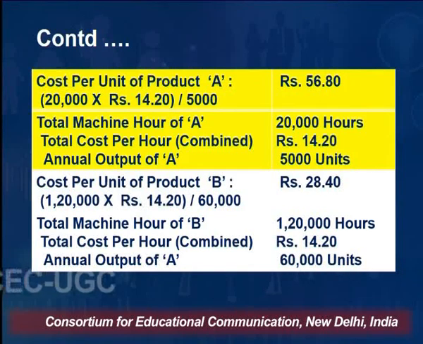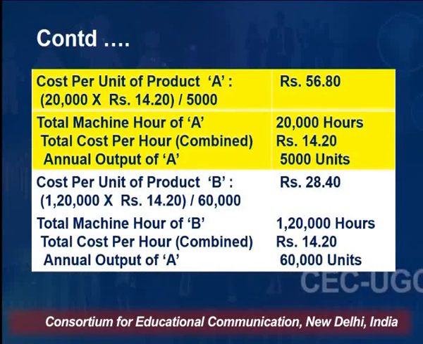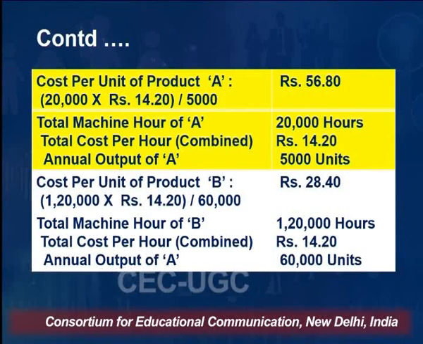They multiply machine hours and the total cost per hour, and they feel the value has come, but that is the wrong way to do the calculation, because this total cost per hour is a combined cost of 14.20. So it has to be divided in proportion to the units which you are producing. For product A, it is 5,000. So it is divided by 5,000 units, and the value comes to rupees 56.80. So the cost per unit of product A as per the traditional method comes to 56.80.